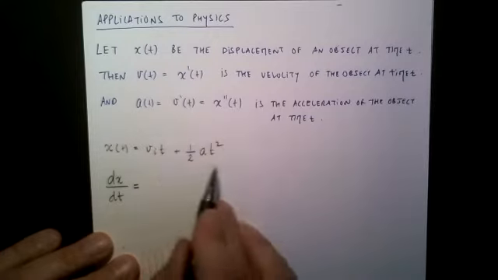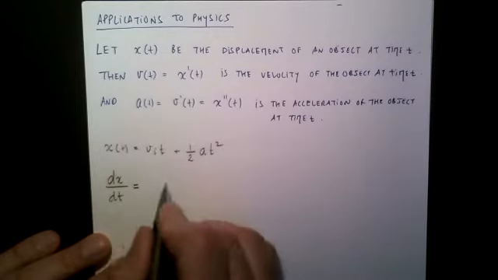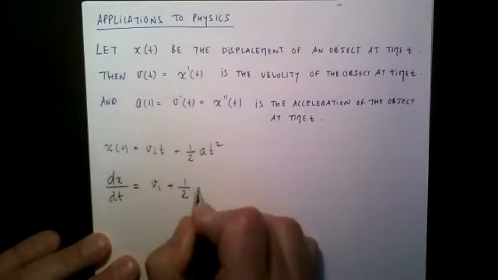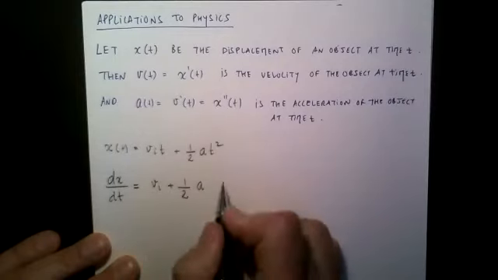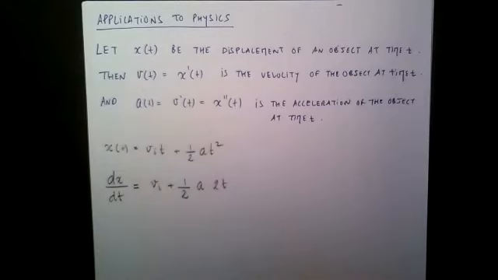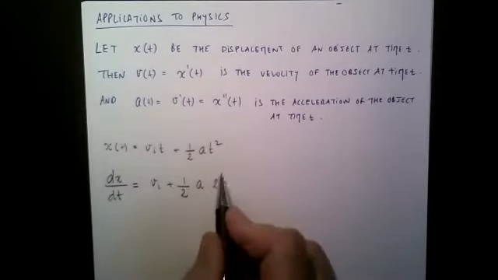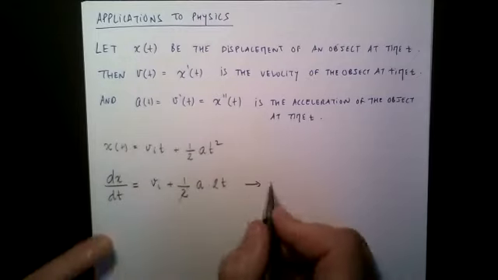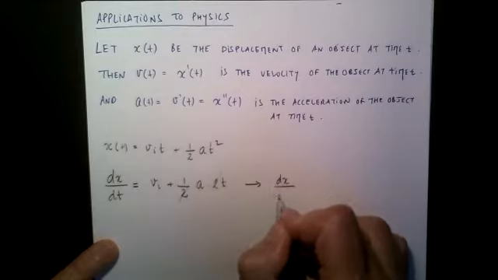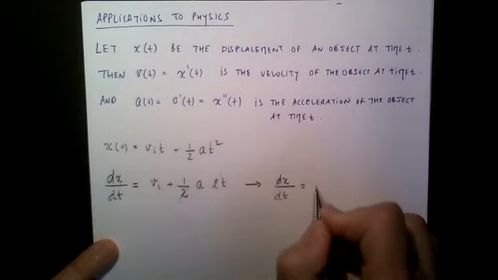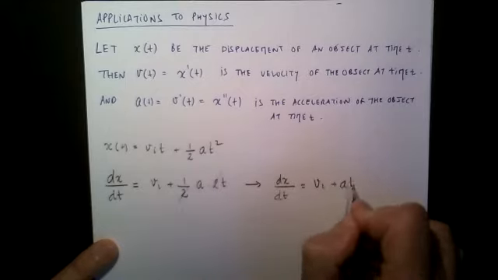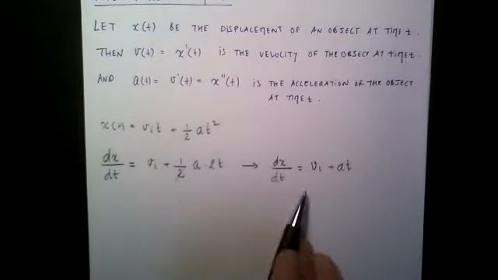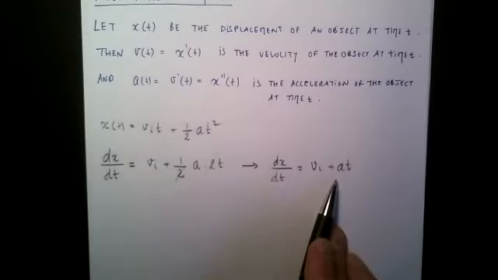So the derivative with respect to t here will be v_i plus 1/2 times a times the derivative of t squared, which is 2t. Cross out. And from here we get dx/dt equals v_i plus at. I'm sure you've seen this formula before.